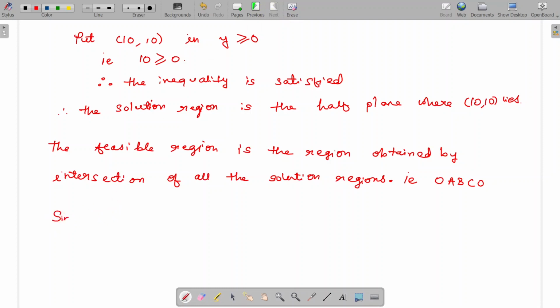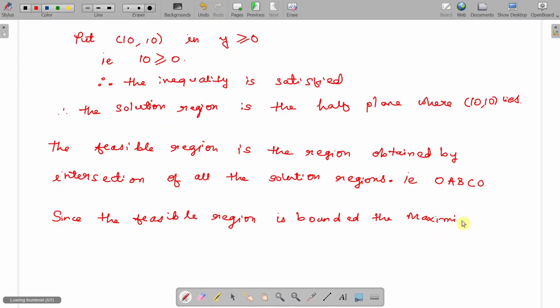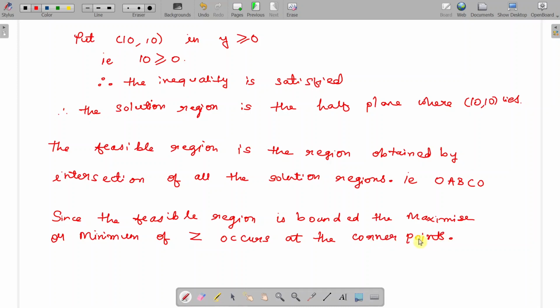Okay, so since the feasible region is bounded, the maximum or minimum of Z occurs at the corner points. So at each corner point we have to find the value of Z.